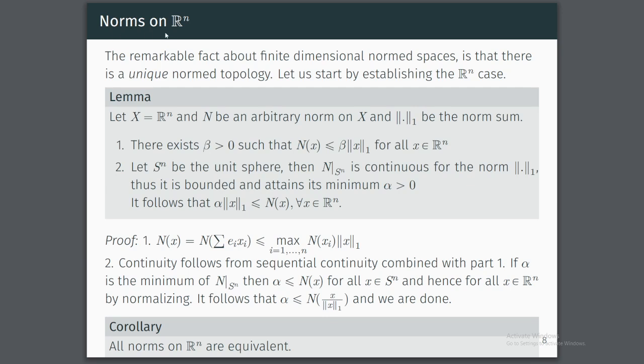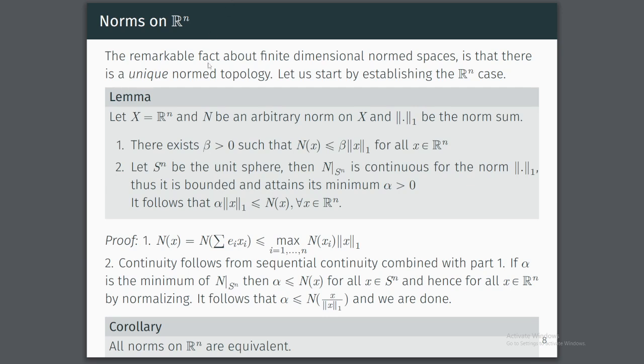In proving this, we're going to use the Heine-Borel theorem: the closed unit ball, because it's closed and bounded, is compact, and that compactness is why we are able to prove that every single norm is equivalent. In infinite dimension, that's never going to be the case. It's not just that there's one infinite dimensional space where it happens; we're going to see that the unit ball being compact essentially classifies finite dimensional spaces.